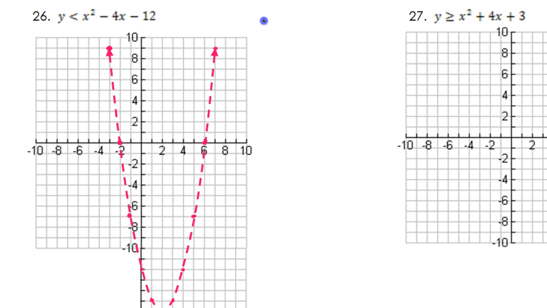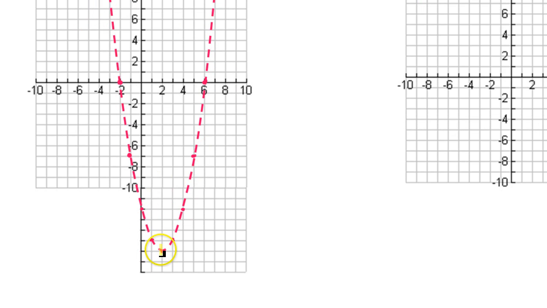Because it says less than, I know that I want to be below the function. So for example, start at the vertex. If I go right on the vertex, I'd be right here. If I go below the vertex, then I'm right here, so I know that this is below the function.